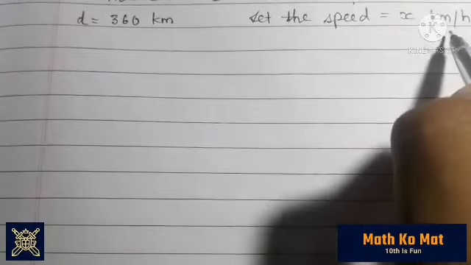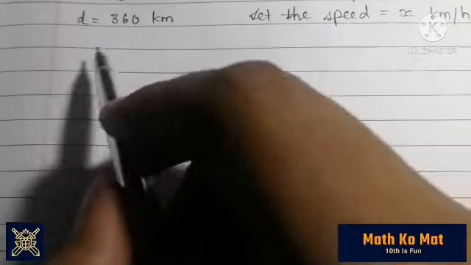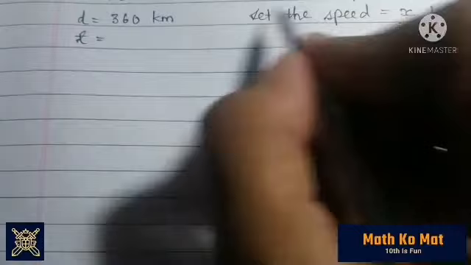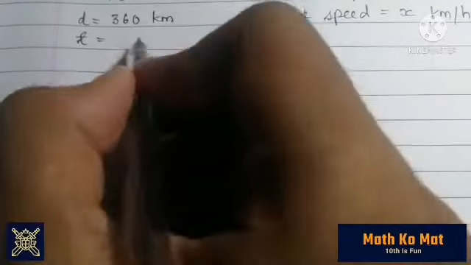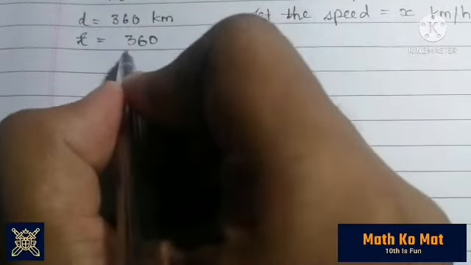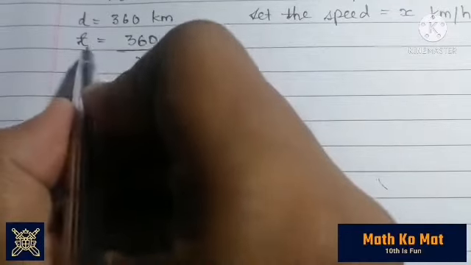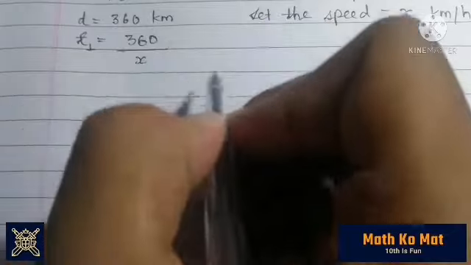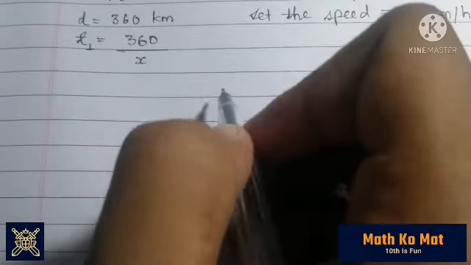If the speed is x kilometers per hour, we can easily find the time since the distance is given. Time is equal to distance upon speed. The distance is 360, speed x. So time is equal to 360 upon x. This is the first value of the time, so let's write it as t1. So t1 is equal to 360 divided by x.